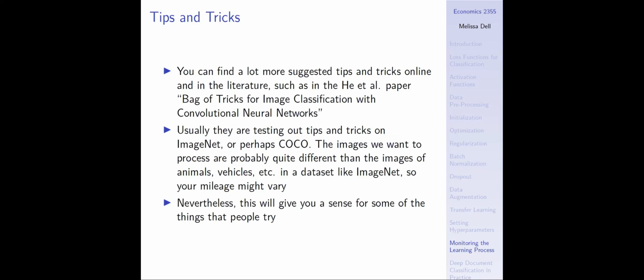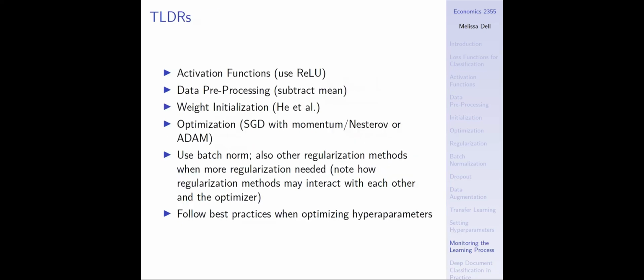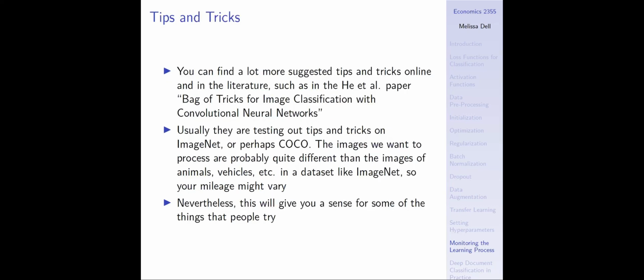So if your data doesn't look like ImageNet, which is animals, vehicles, etc., natural images, your mileage with the tricks might vary. Nevertheless, I think it's useful to look at these because it gives you a sense of the things that people try to improve performance. Okay, are there any questions about that?